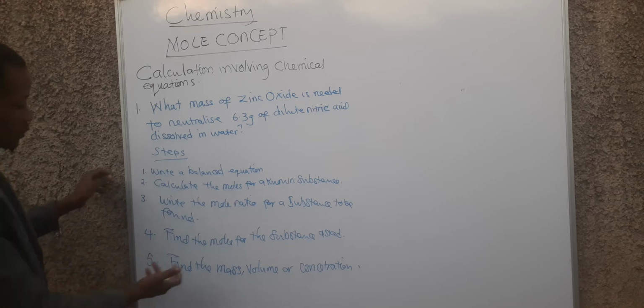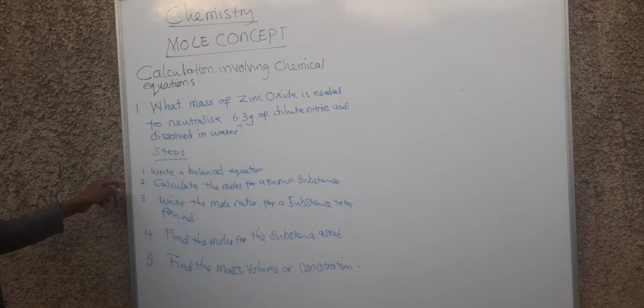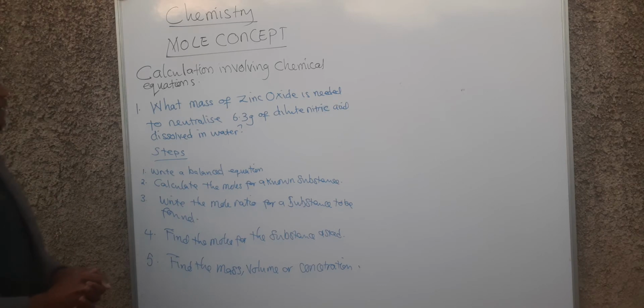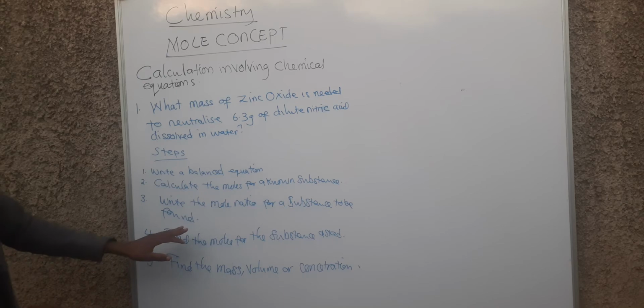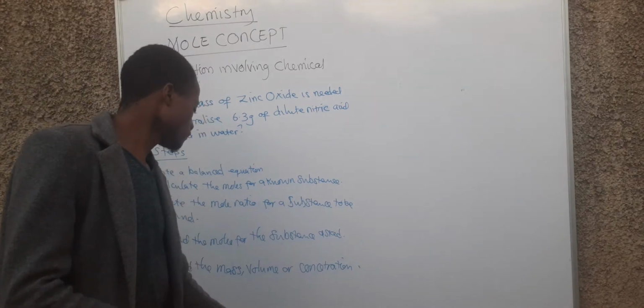So in this case, we will be finding the mass since the question demands for mass. So what mass of zinc oxide is needed to neutralize 6.3 grams of dilute nitric acid? So we follow the first step, we write the balanced chemical equation.